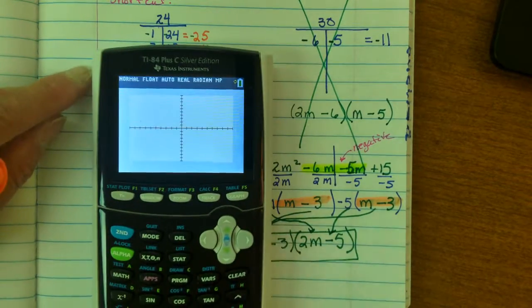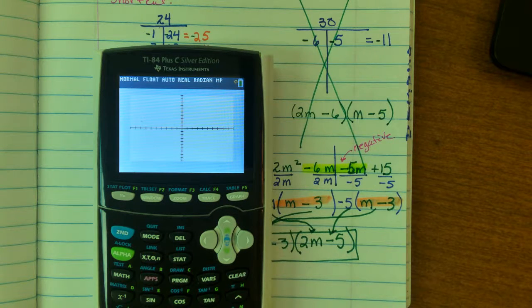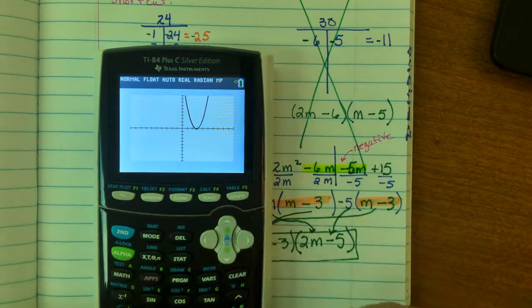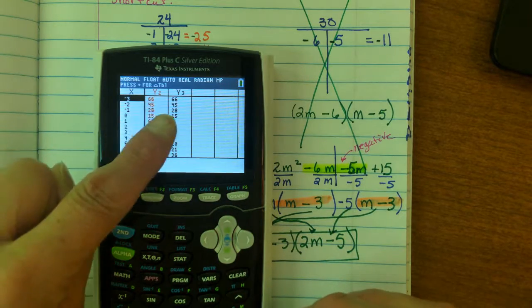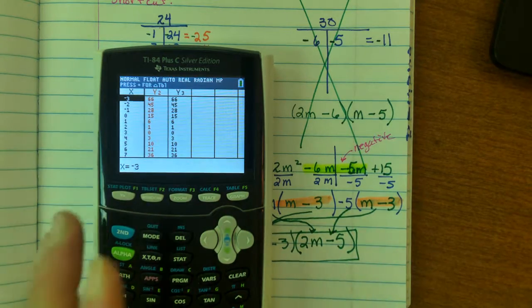And I'm going to look at the graph, and I will see that they graph exactly the same. So there is my original function, and then my function is going to come right over it in factored form. You can see it traced over it. If I go to my table, you can see that my y's are exactly the same.